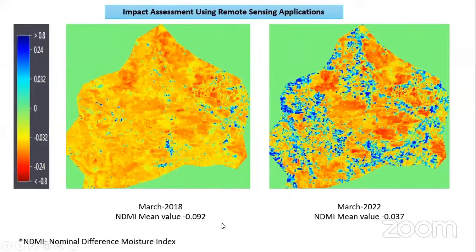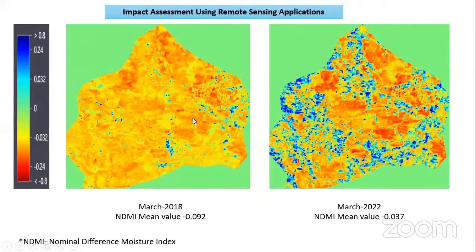We can clearly get Sentinel and Landsat images from the sources that are available. Using the satellite images, we can actually calculate the moisture index. As you can see over here, the mean value of the moisture index was minus 0.092, which has changed to minus 0.037. So the moisture index has increased.